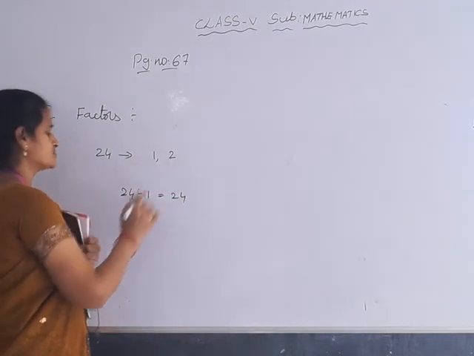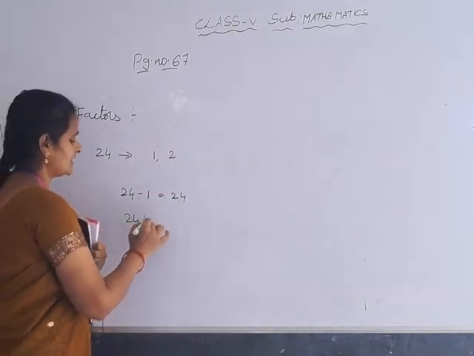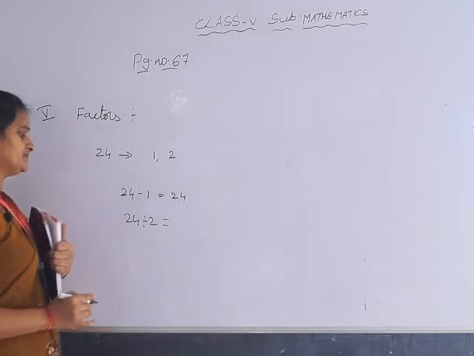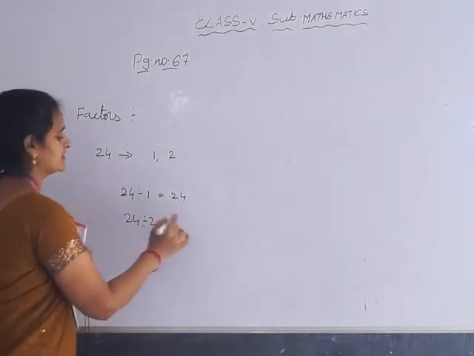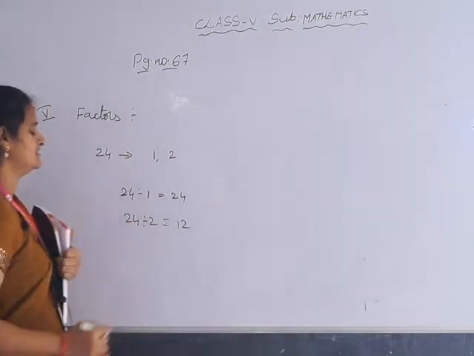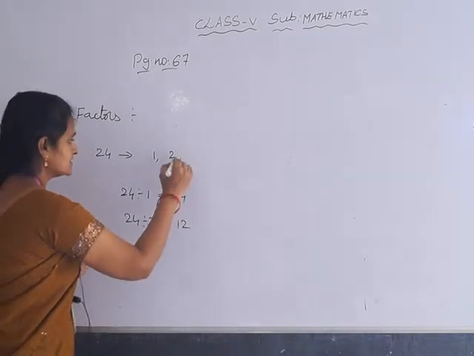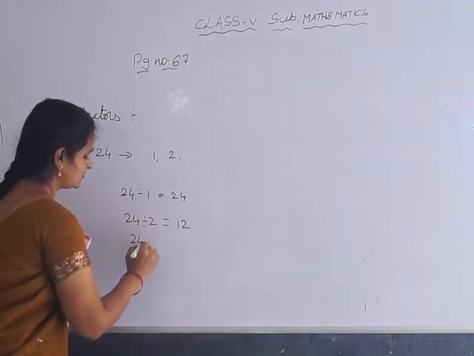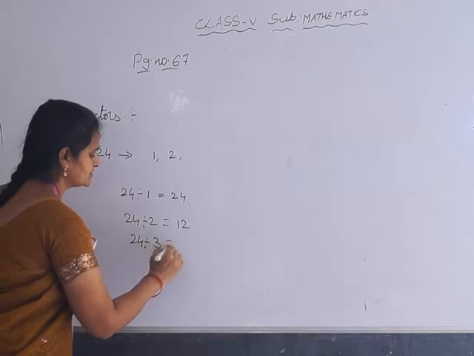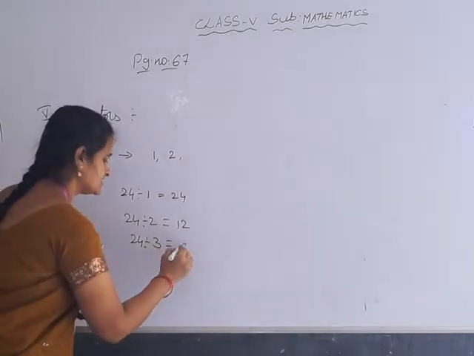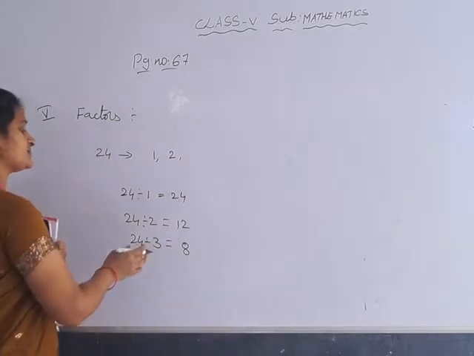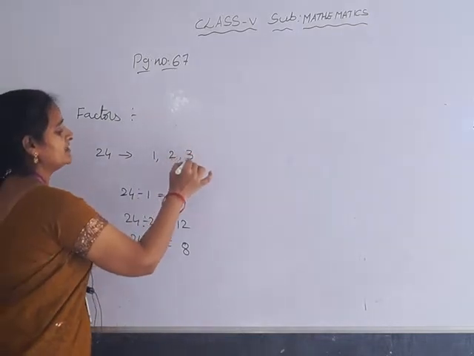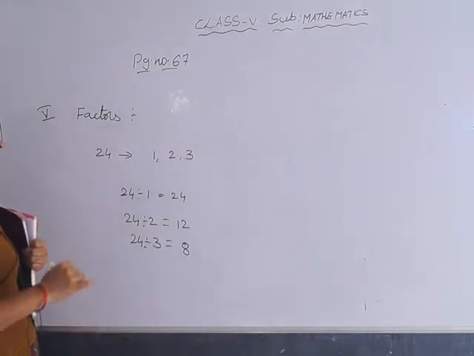Next, 2 divides 24 completely 12 times. Next 3. 3 divides 24 how many times? 8 times. So 3 is also one of the factors of 24.